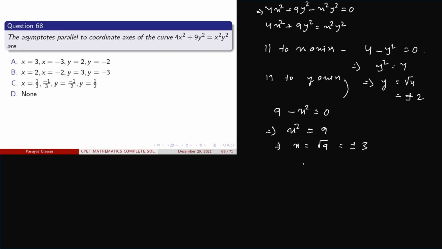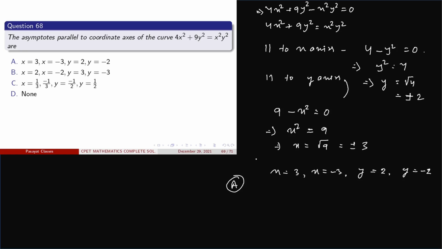So here we get x is equal to 3, x is equal to minus 3, y is equal to 2, y is equal to minus 2. These are the asymptotes parallel to the coordinate axes. So from the options, x is equal to 3, x is equal to minus 3, y is equal to 2, y is equal to minus 2. That means option number A is the correct one.